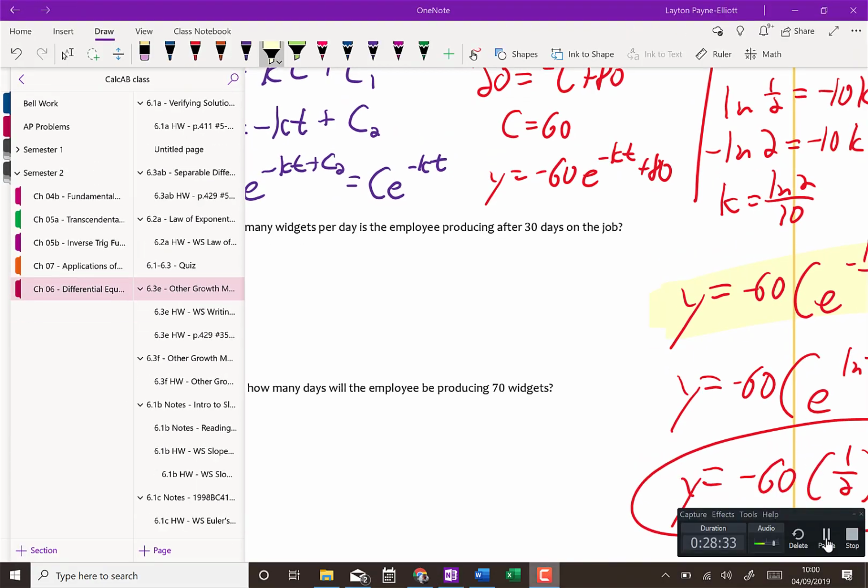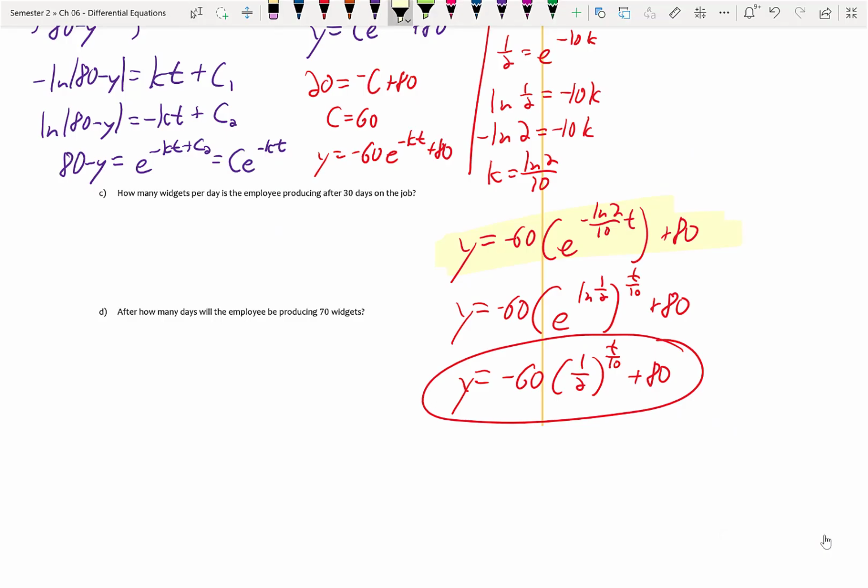Okay, I'm going to pause for finishing up this problem. The next question asks how many widgets it is producing after 30 days on the job. So let's do negative 60 times 1/2 to the t over 10, where t is 30, so 30 over 10, plus 80.